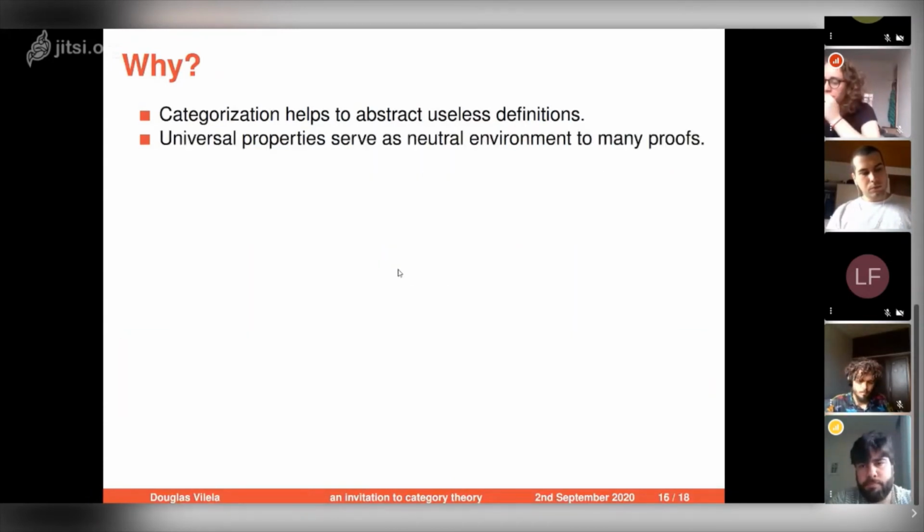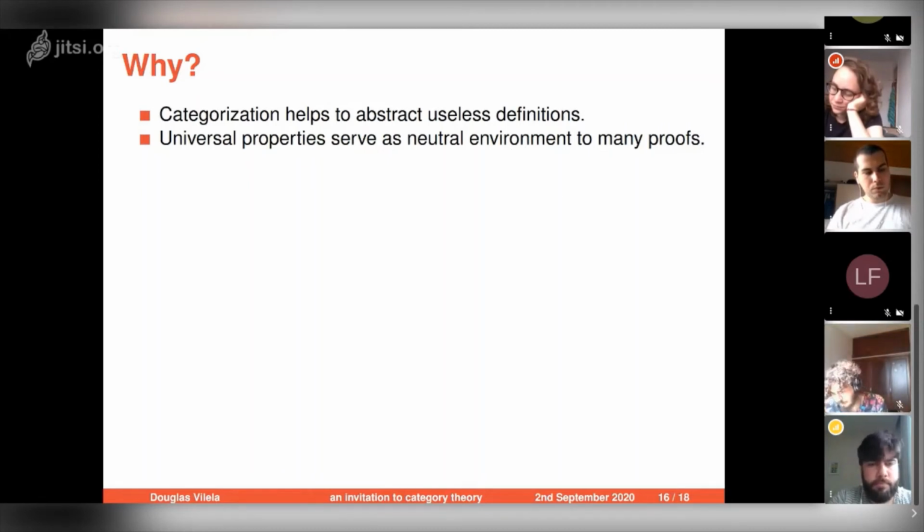Another reason why is that the universal property, in particular the universal property that we saw, serves for our purpose as a neutral environment for many proofs.